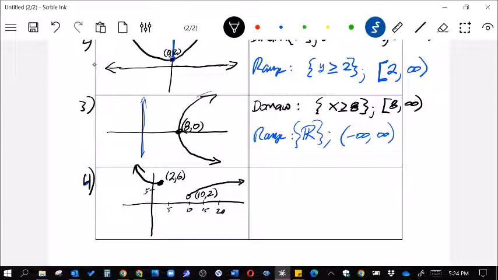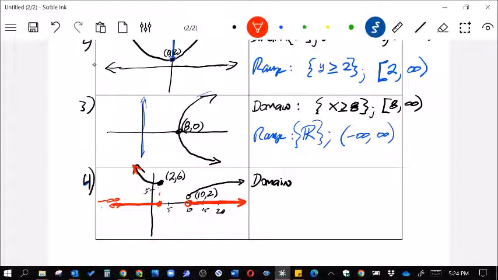So we want to know the domain and range. For the domain, we want all the numbers that are used. Right now, that's coming from negative infinity, because this is going to go forever, up to the number 2, and it's going to include 2. And here, it's not going to include 10, but it's going to include all the numbers greater than 10.